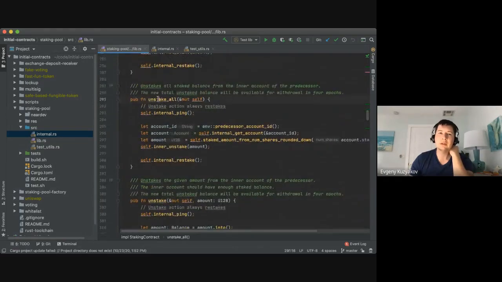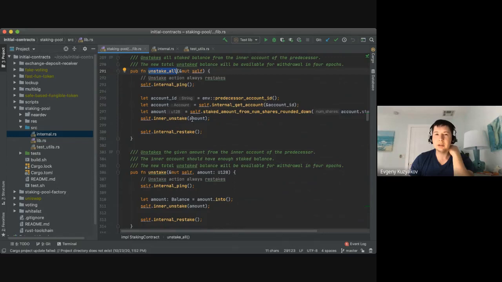Finally, you have unstake all. Unstake all takes your current amount, so it basically unstakes all your stake shares by converting them to yoctoNEAR.